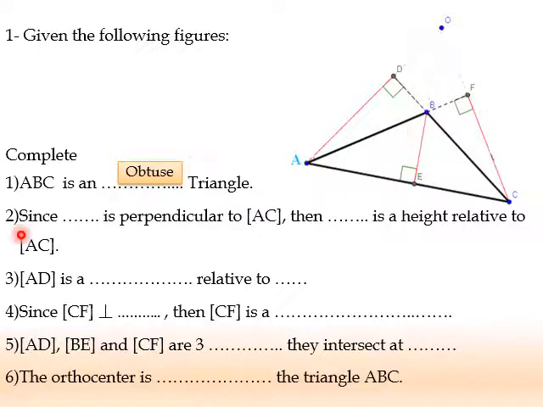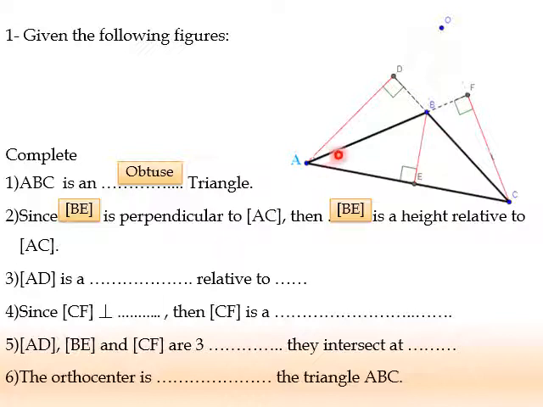Now, since it's perpendicular to AC, this is AC. Which segment or line or semiline or whatever is perpendicular to AC? Here we have the perpendicular BE. Then I can say that BE is the height relative to AC.